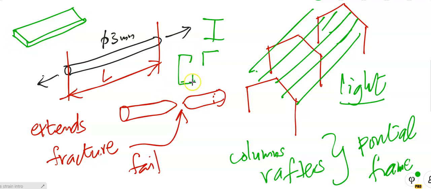We make 4 bends in it, and we turn it into a lipped channel. So we want to make the building as light as possible, not necessarily light as in mass or weight, but we want to make the sections as small and as thin as possible.